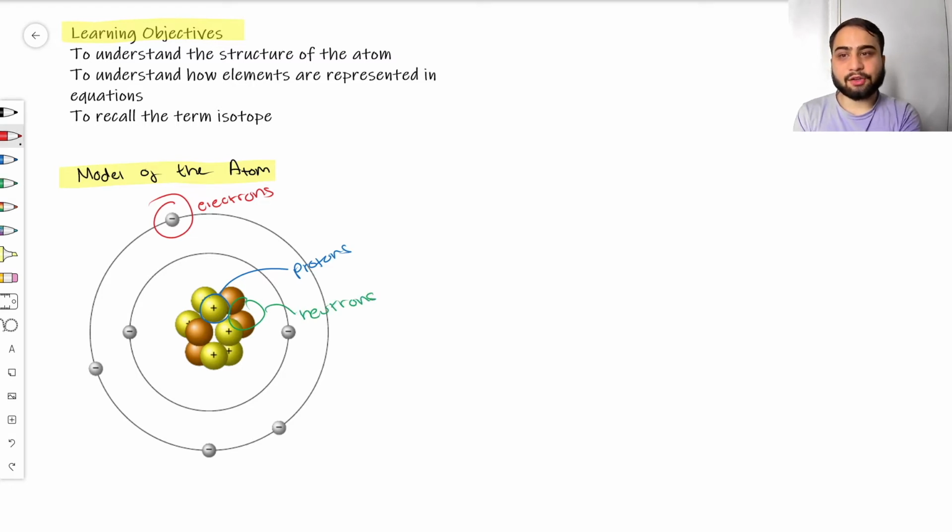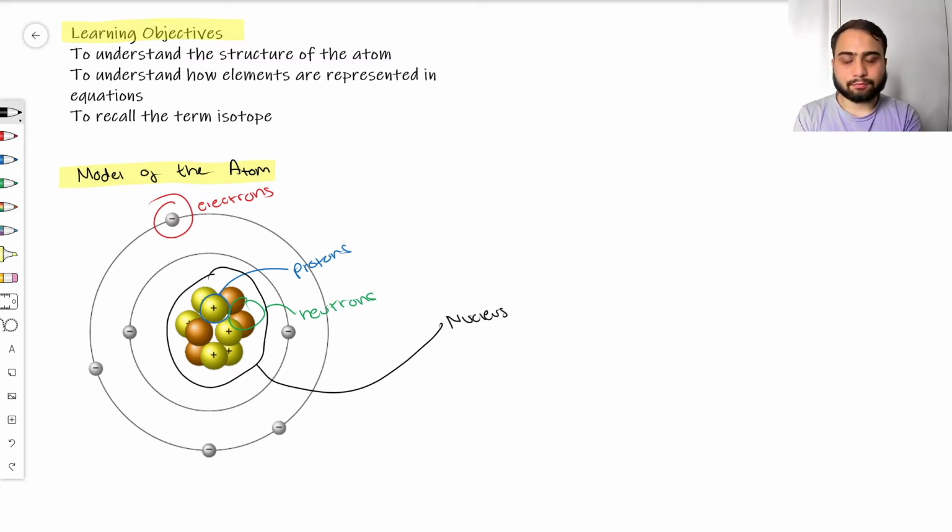Now let's first look at electrons. So you know what? Let's first look at this center piece here, right? This collection of mass here called the nucleus. Okay, so the nucleus, let's just write here, is the center region of the atom.